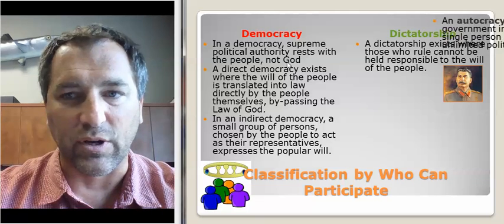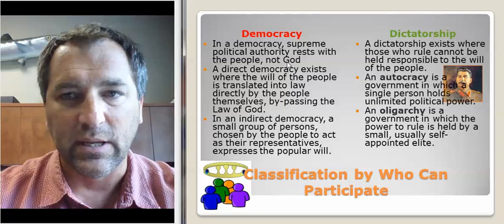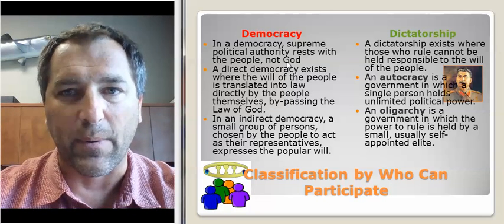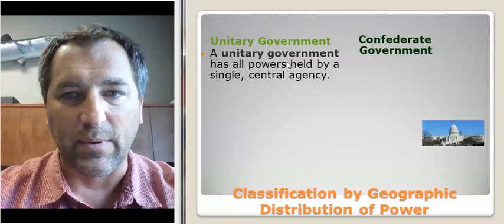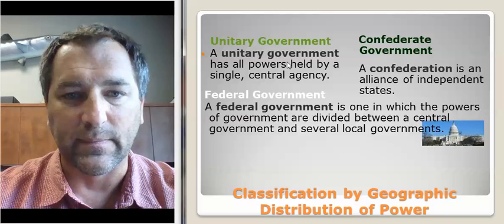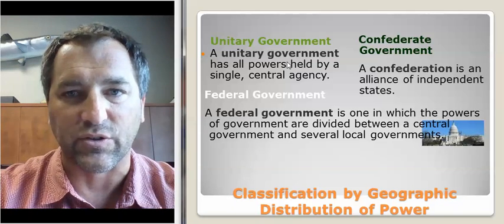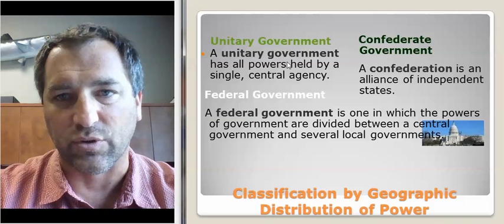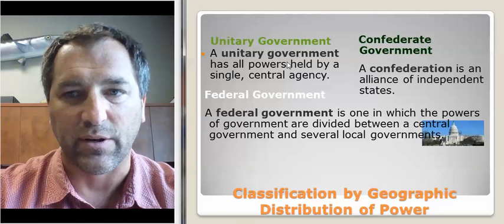The other extreme would be a dictatorship or an autocratic form of government where one, or an oligarchy where a few have all power with no say from anyone else. Now, what about unitary versus federal? We talked about that in the classifying question of where is power concentrated, one central city or spread throughout the whole country, different capitals, different power structures shared.